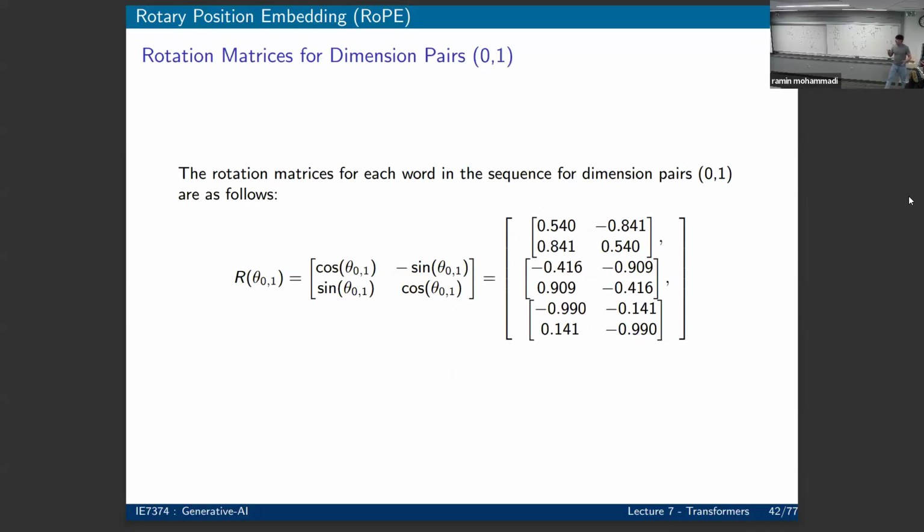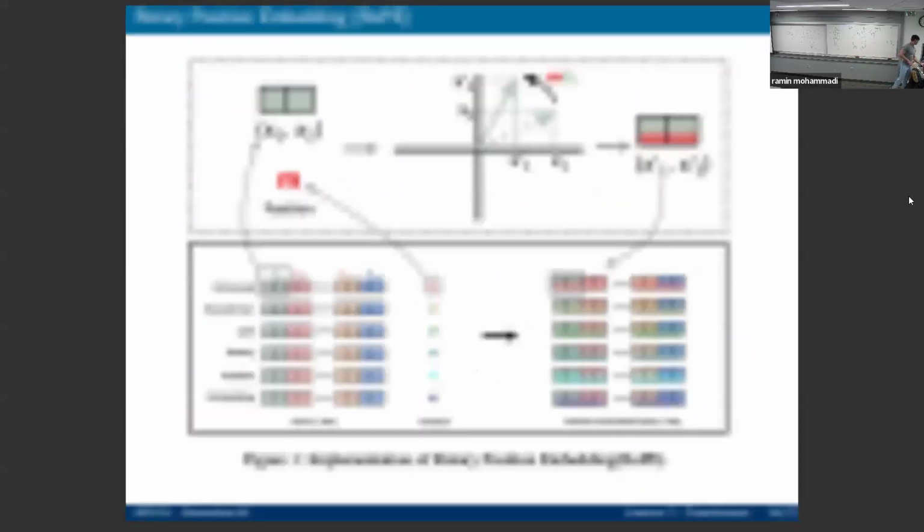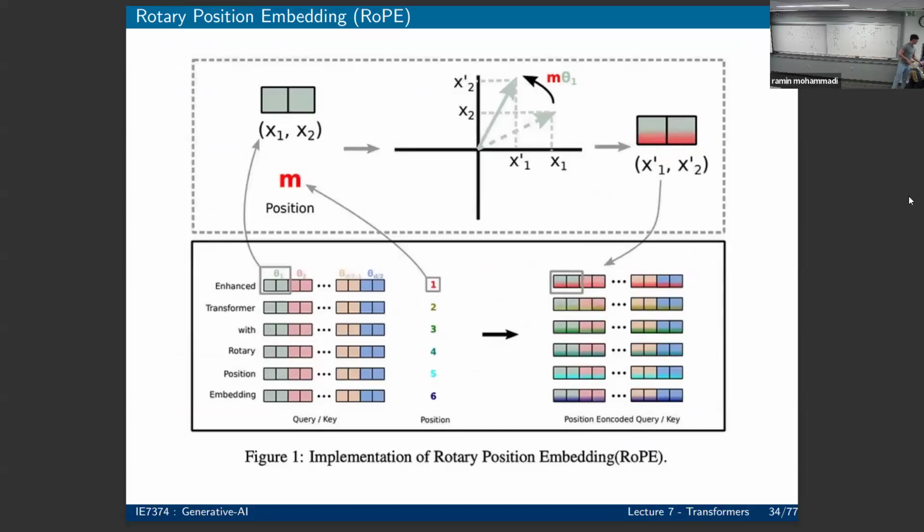In order to rotate a vector from here to here, that rotation comes from m times theta. That's how you get the rotation. You need that theta, that angle, because the rotation matrix needs it in order to rotate. So we find that angle and use it with the rotation matrix to rotate the vector.